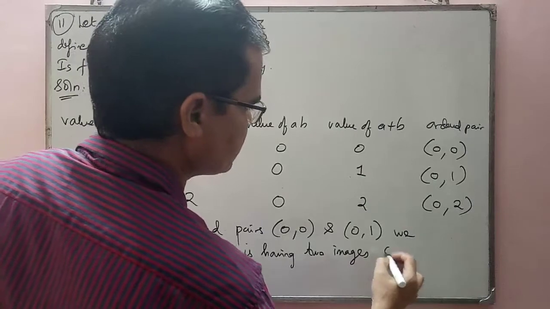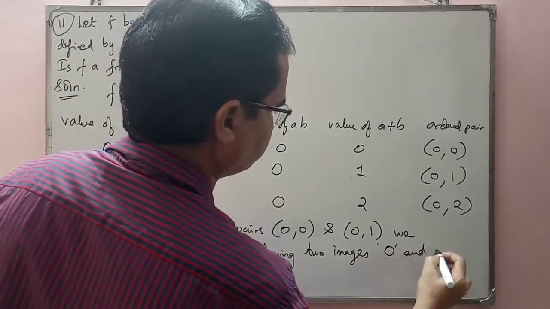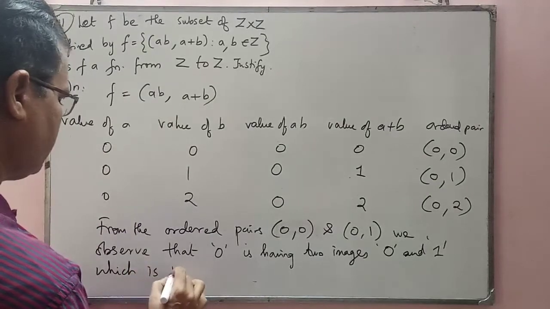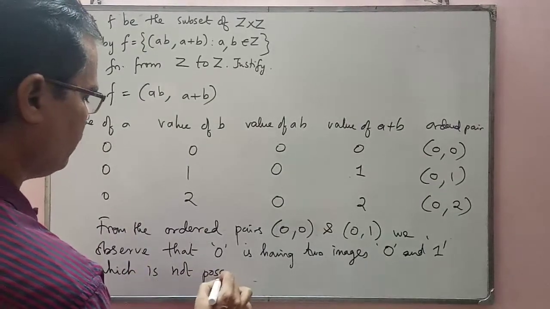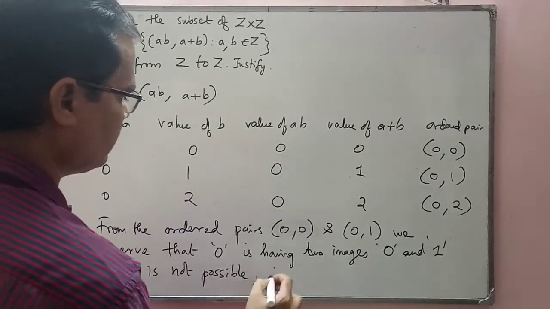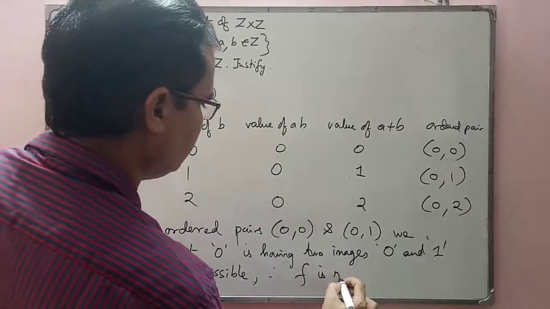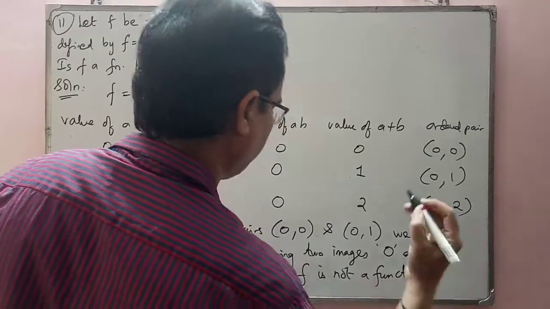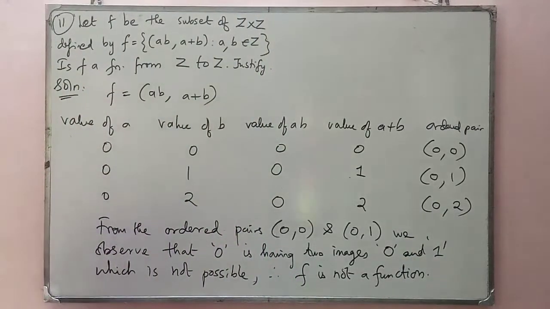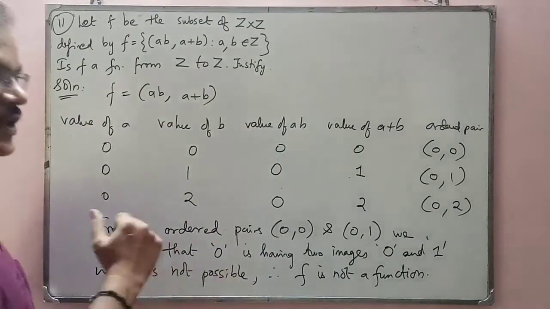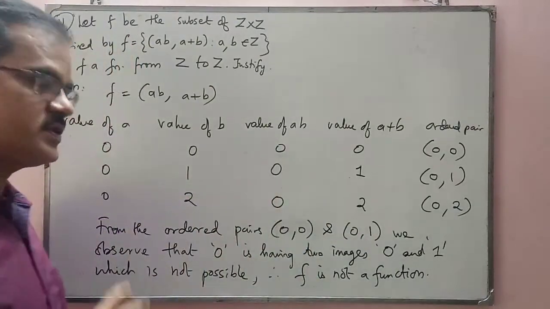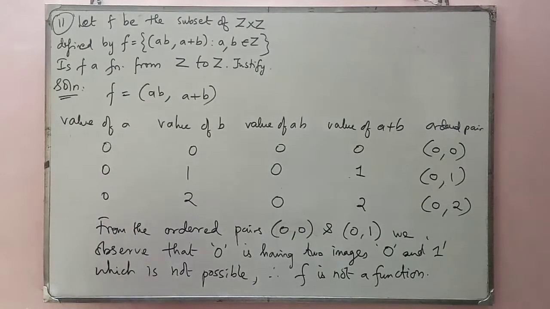What are the images? 0 and 1, which is not possible. Therefore, F is not a function. Do you understand, children, why it is not a function? Because the element 0 has two images, 0 and 1, which is not possible. This completes the solution, children. Thank you.